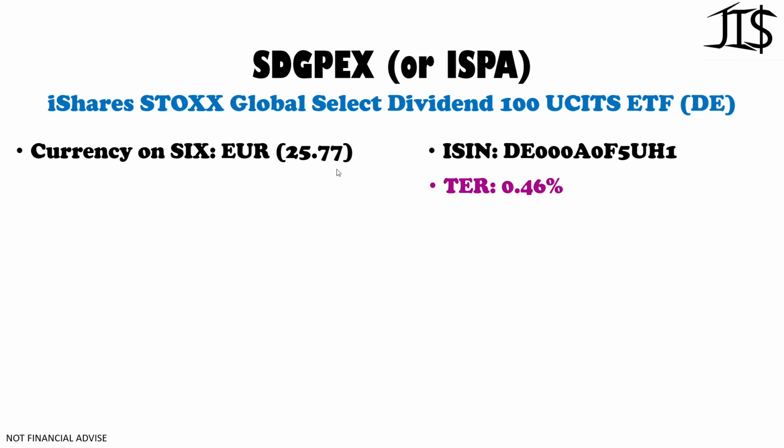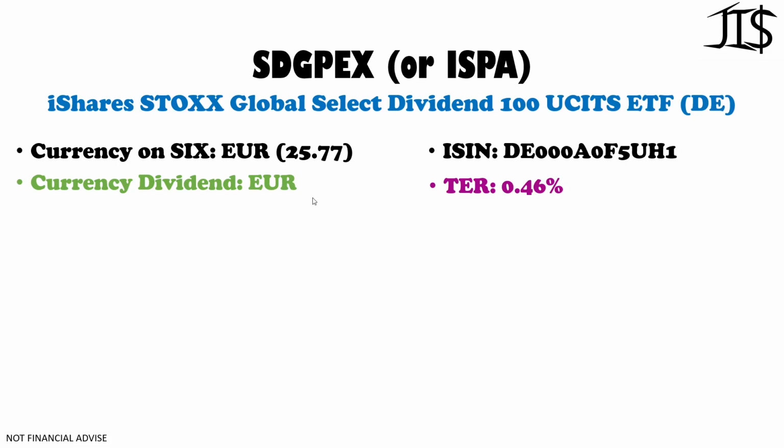The currency on the Swiss stock exchange is euro. Momentarily, it costs around 25.77. And the currency of the dividend is in euro, so that's important to know all the time, euro to euro.